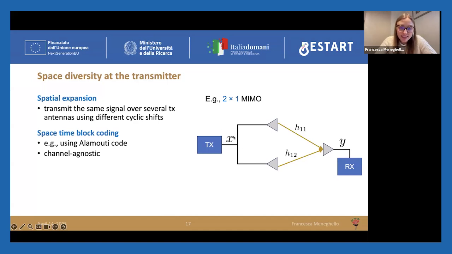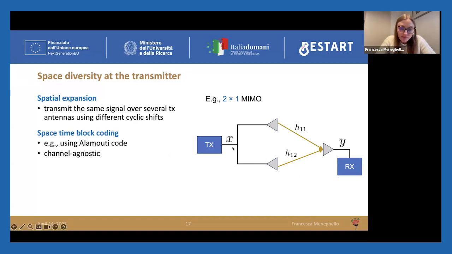So we have a signal that we want to transmit, that is X. What we want to do is to use these 2 antennas in order to improve the robustness of our system to noise and fading. And 2 approaches that can be applied without having any knowledge about the channel here are spatial expansion and space-time block coding.